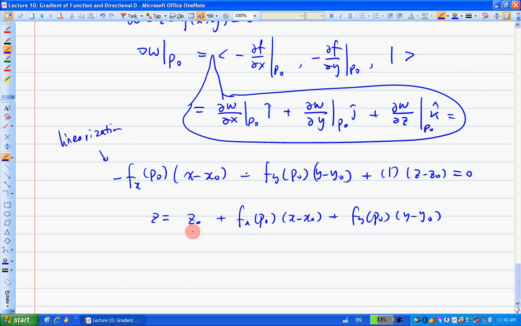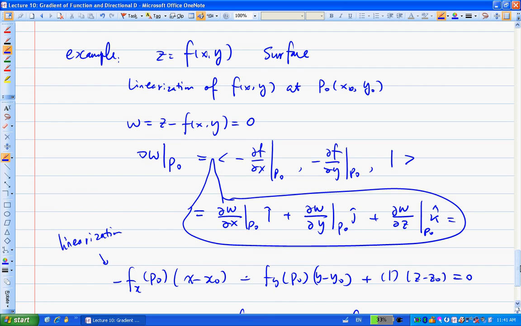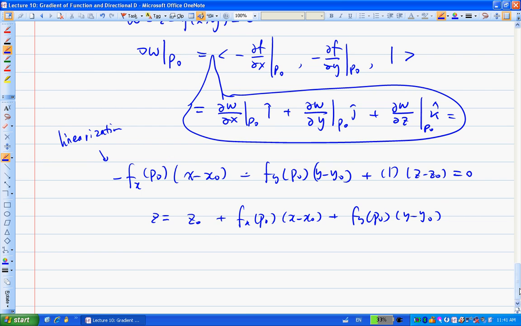So what's the value of z naught here? What's the value of z naught? Well, what are we trying to linearize? We're trying to linearize this function here. So z naught is basically f of x naught, y naught.